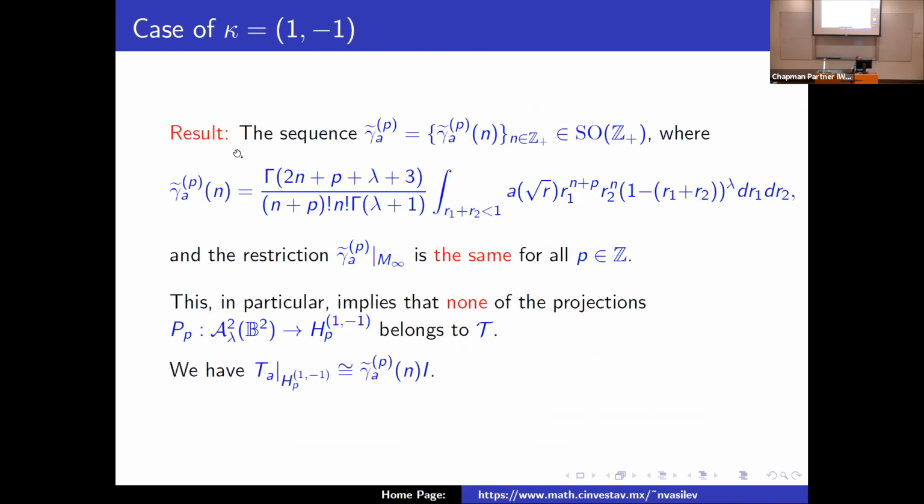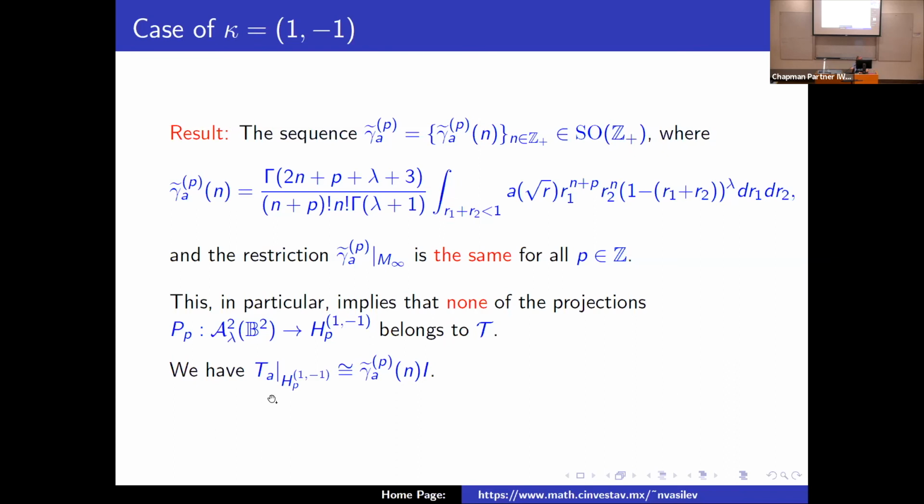Then, first of all, it can be proved that this spectral sequence is again slowly oscillating in our sense. And what is important is that the restriction for different invariant subspaces of these slowly oscillating sequences to the set M infinity is the same, which in particular implies that none of the projections belongs to this algebra, because if we have a projection, it should be 1 for the projection and 0 for the kernel, but they have the same restriction.